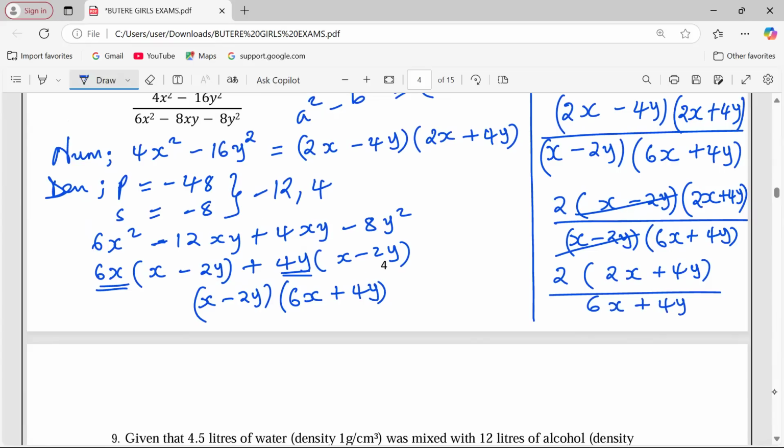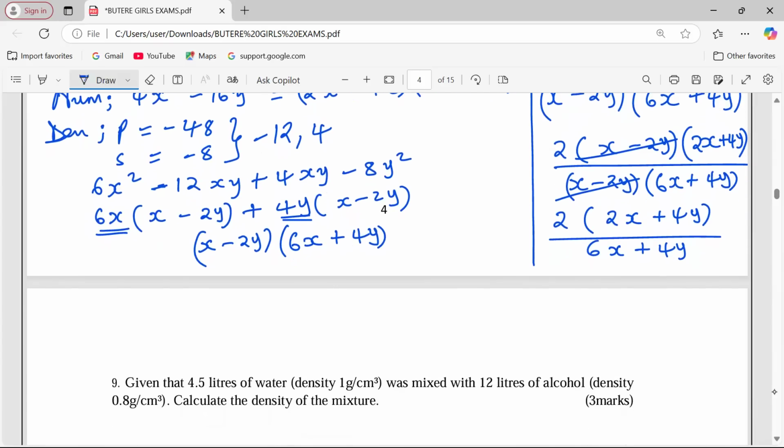Now, from the denominator and numerator, there is something that we can factor out. Look at the 2 which can be factorized here, so that you have 3x plus 2y that way. Then these 2 cancel with this one.